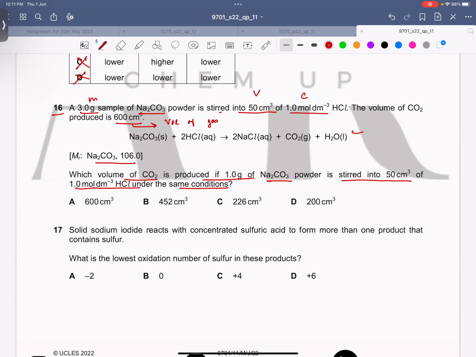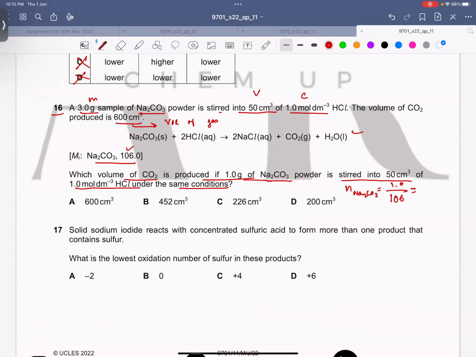So we know that now the mass used for sodium carbonate is 1 gram. If I go for the moles of sodium carbonate, it would be equal to 1 gram over 106, because its Mr is 106. So can anybody tell me the answer, please?